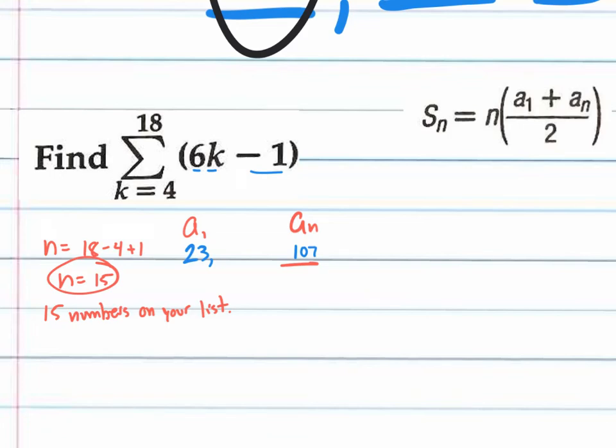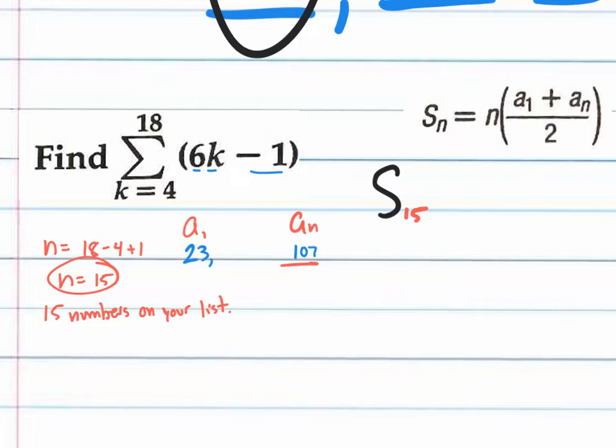Let's do that. So we're going to say the summation of the 15 numbers we have. Again, it's not 18, it's 15, because you started at 4, and you're including that as your first number. So it's really 18 take away 4, which is 14, plus 1 because you're including it.